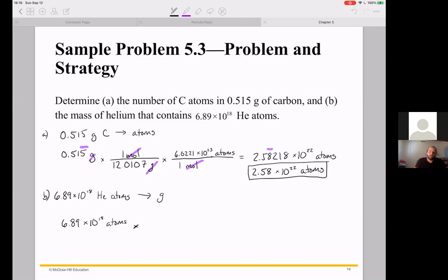What's going to be my next step? If I want to get to grams, and I'm starting in atoms, I first have to convert to moles. So I'm going to use the inverse of the Avogadro's number conversion factor with atoms on the bottom and moles on the top. And then I'm going to use the molar mass of helium in order to get there.